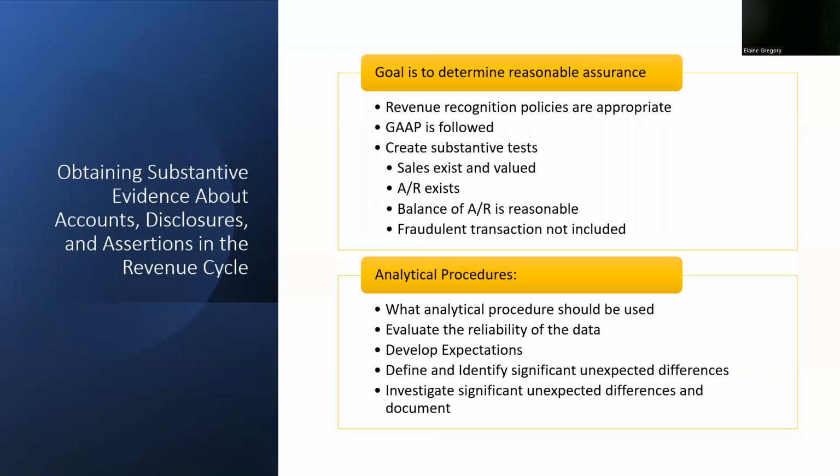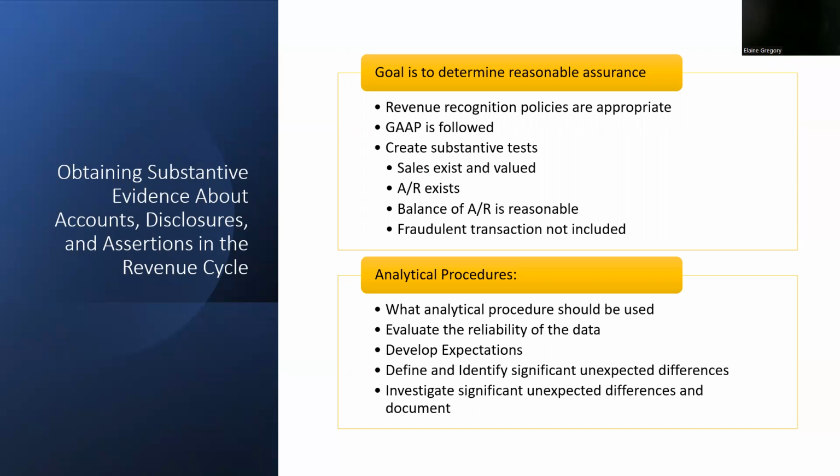Now, when we're obtaining that evidence, the actual substantive evidence, our goal is always to determine reasonable assurance. Remember, we're not looking for 100%, but we have to determine what reasonable assurance is. And that's looking at those tolerance levels of material misstatement.